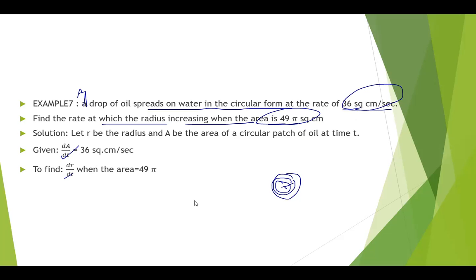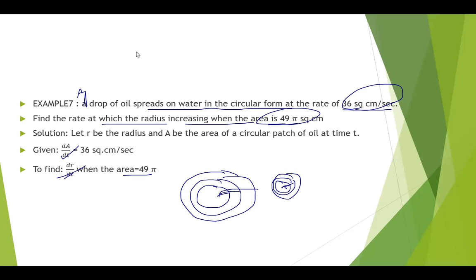What we have to find out? At what rate is its radius increasing when the area is 49 pi. Already we know at what rate its area is increasing. We have to find out at what rate its radius is increasing. That is dr by dt we have to find out.